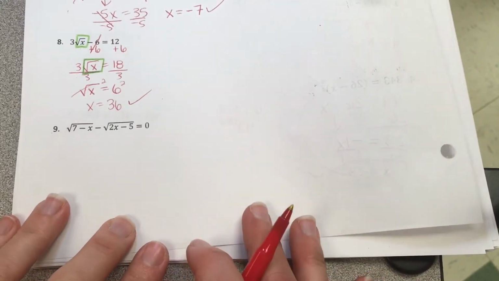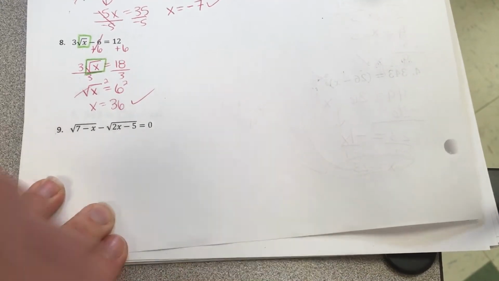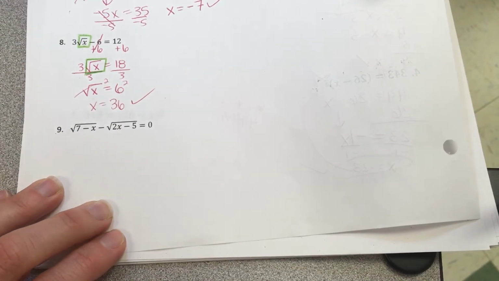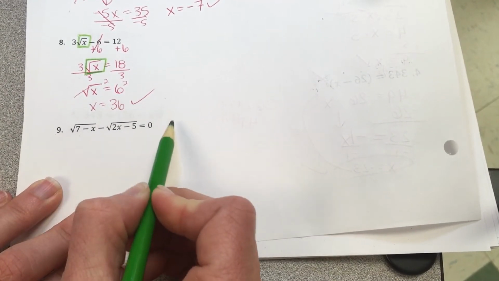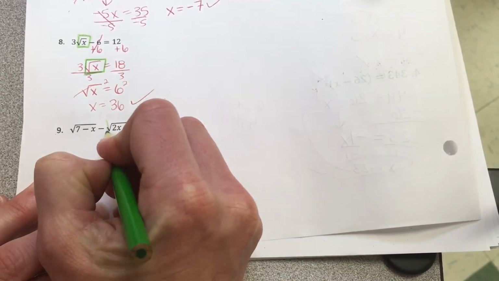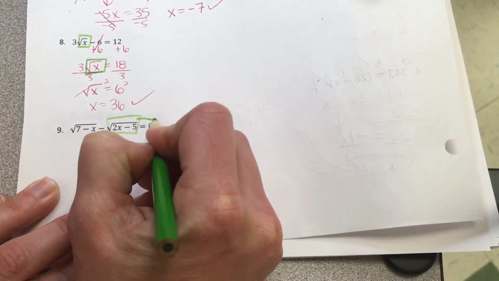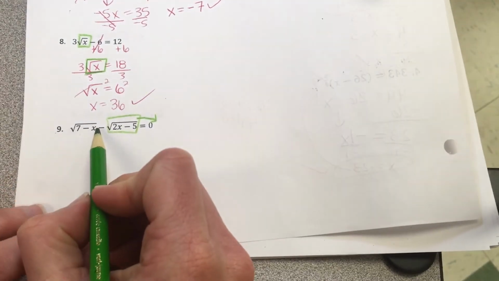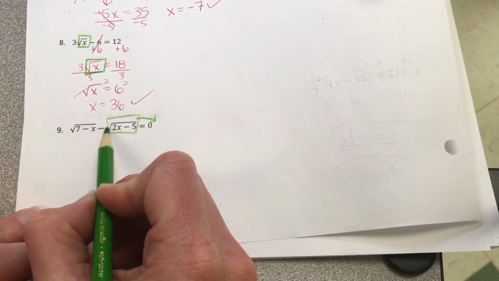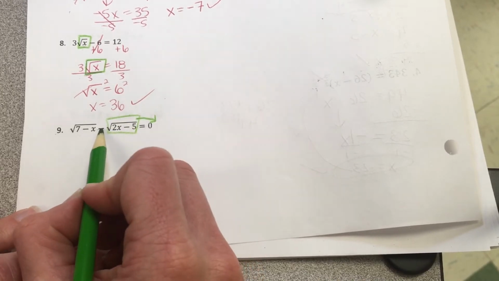All right, last one, guys. Number 9. How many square roots do I have? 2. I need one to be on the left and one to be on the right. So I'm going to move this one over to the other side. So right now, they're subtracting this square root. Do you see the subtraction sign right here?